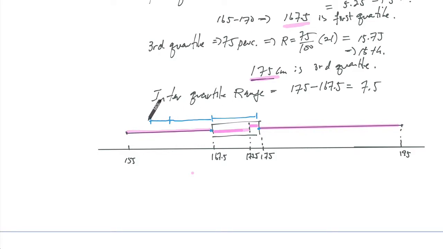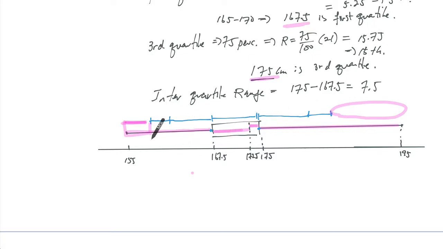So numbers in this range beyond this are defined to be outliers. Same here. From here, same width as this, you go this much, and now another 0.5. So numbers that are in this range are called outliers.